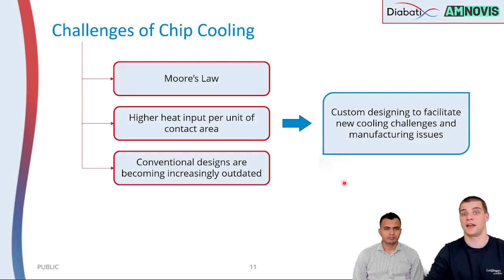As a consequence, that puts a higher heat input per unit of contact area. Because of this, conventional designs like skived heat sinks are becoming increasingly outdated, which requires us to move to custom designing to facilitate those new cooling challenges and of course manufacturing issues.